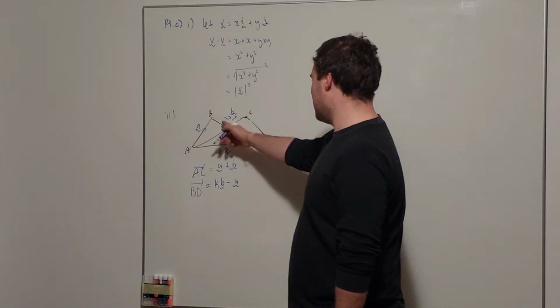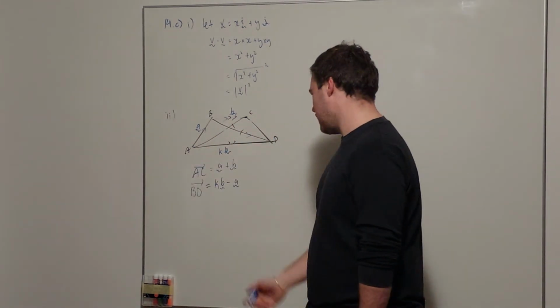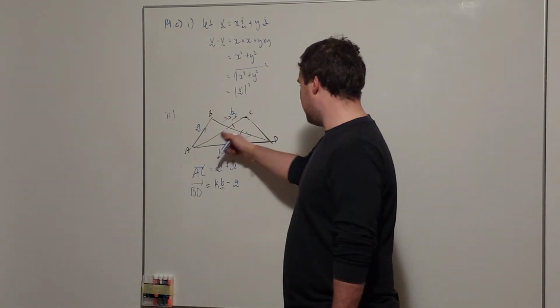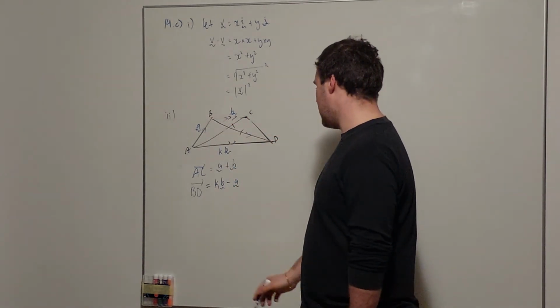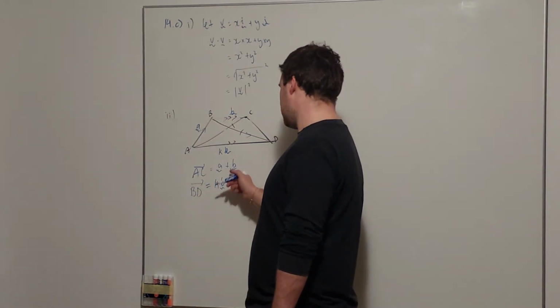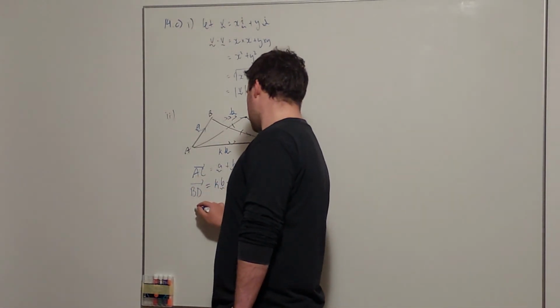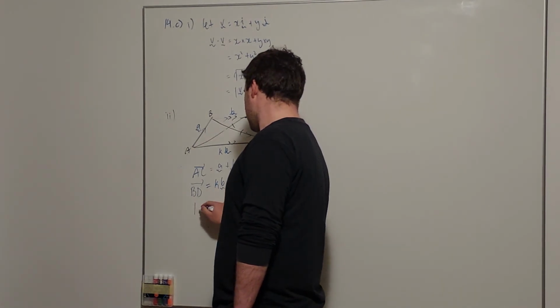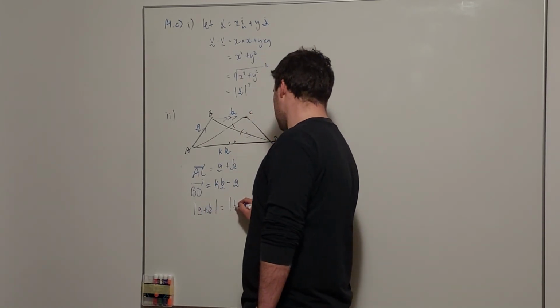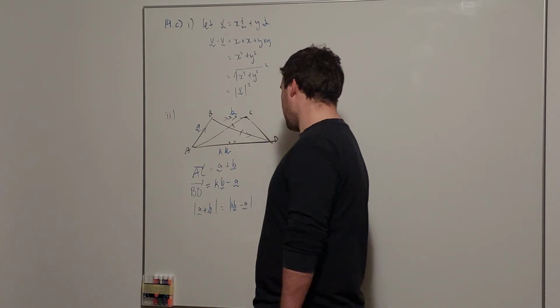Okay, and then we know, because they're marked as equal and given to us in the question, that those magnitudes are going to be equal. So the magnitude of a plus b equals the magnitude of kb minus a.